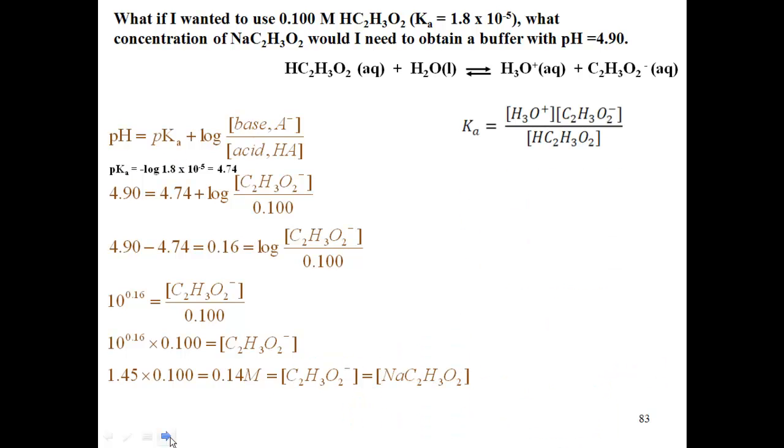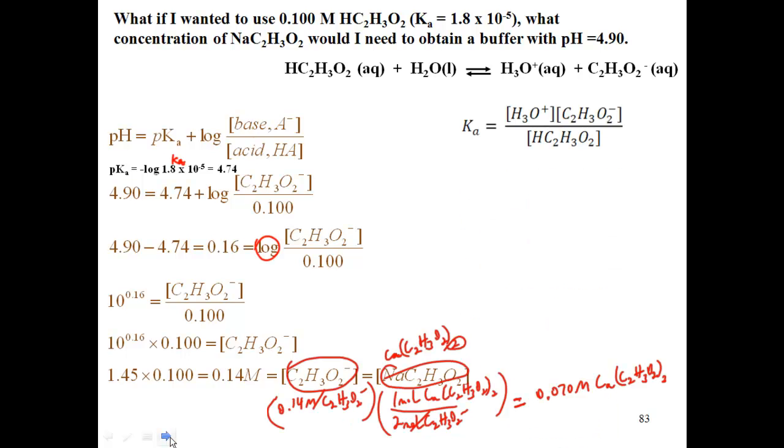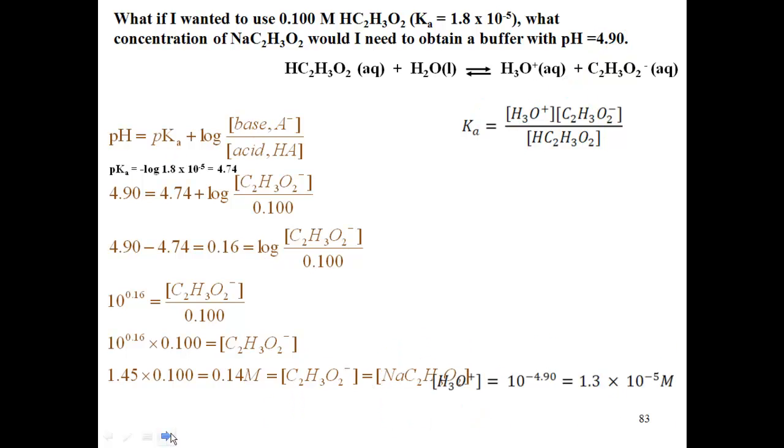If I set up my Ka, Ka is equal to hydronium ions times my acetate ions divided by my acetic acid. Same thing we've been doing. In this case, I know my Ka, I know my acetic acid, and I know my hydronium, not directly, but indirectly. So I've got one equation and one unknown.